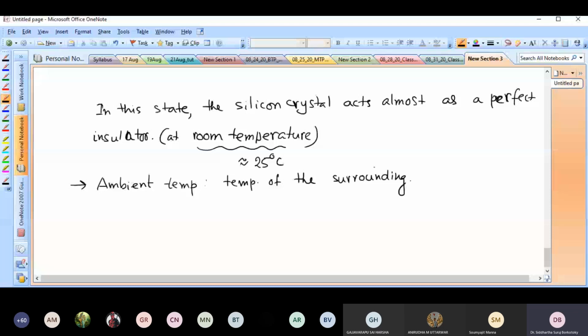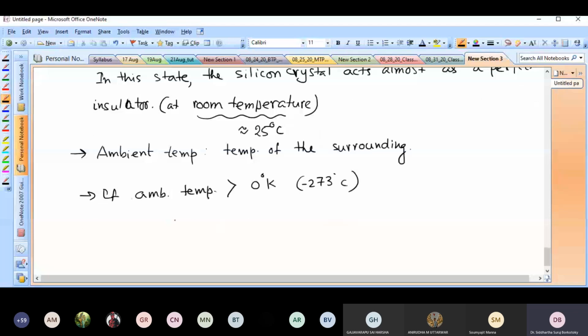Now if the ambient temperature is greater than absolute zero, 0 Kelvin, that is minus 273 degrees centigrade, then the heat energy causes the silicon atoms to vibrate.